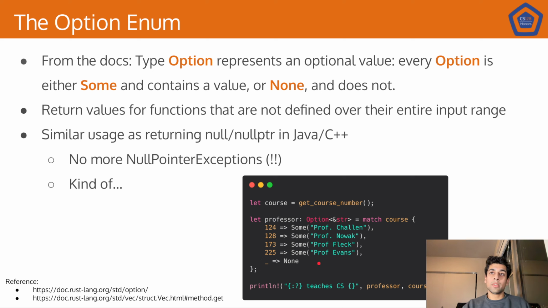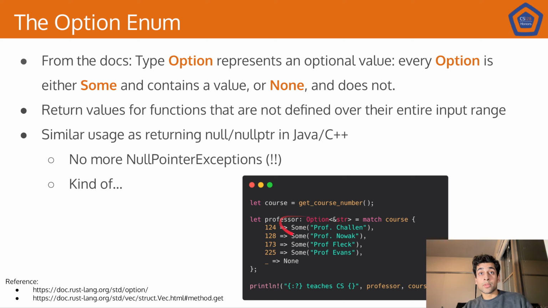Well, we don't need to in this case. Our match statement is not defined for values other than these 4 we listed. So we can just return a None. We have an optional return type, an optional string. So only when we hit these 4 cases do we return Some with some value inside.